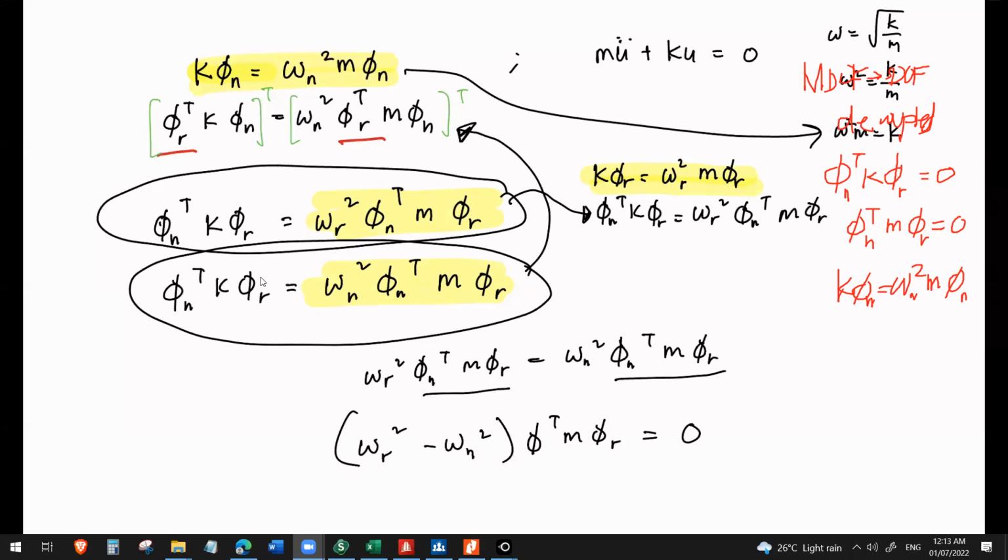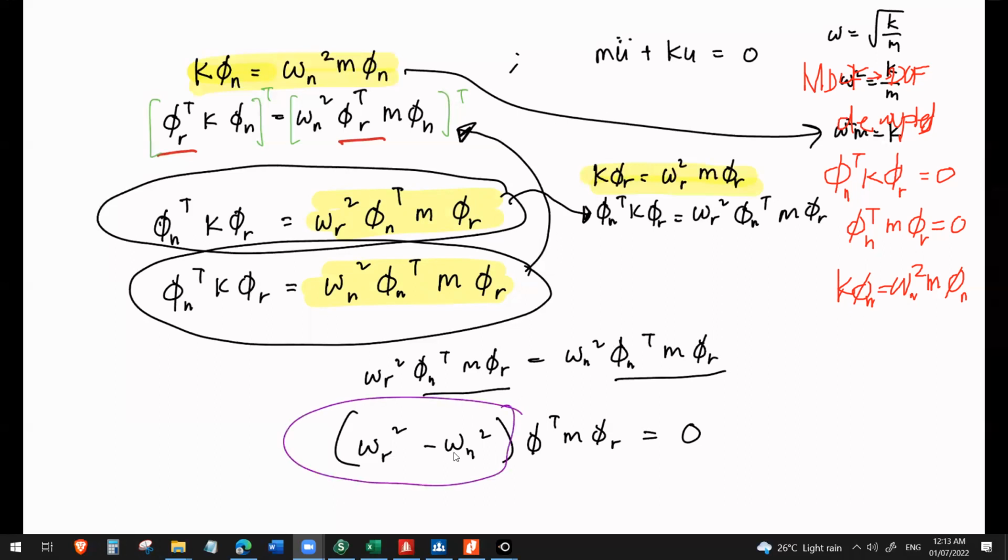Now, we all know that for most problems, hindi ka magkakaroon ng frequency na equal, right? So therefore, this portion is not 0.